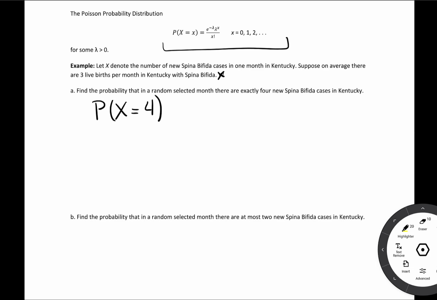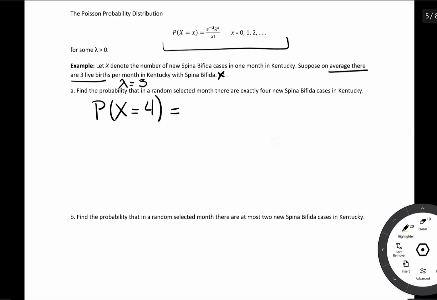Now, if we look up here at our formula, notice that we also have lambda. So we need to find lambda. Lambda is what we call the rate parameter for the Poisson. It's always going to be what occurs on average. So notice here in our problem statement, it tells us that on average there are 3 live births per month. So what this tells us is lambda is equal to 3 for this particular case.